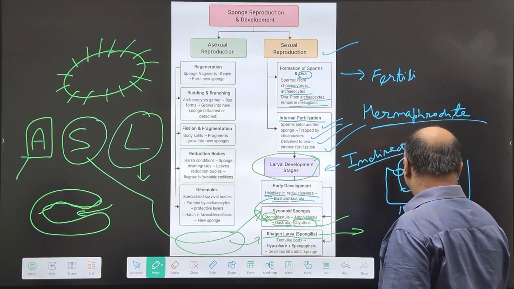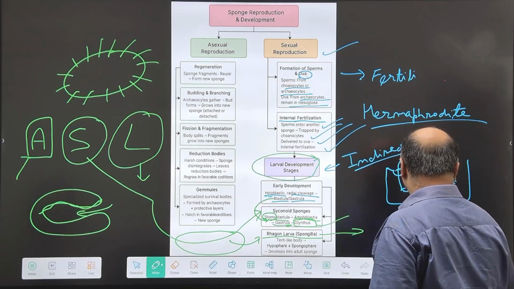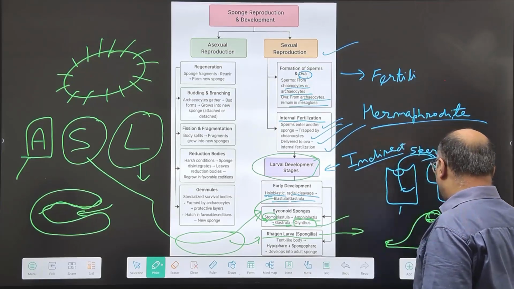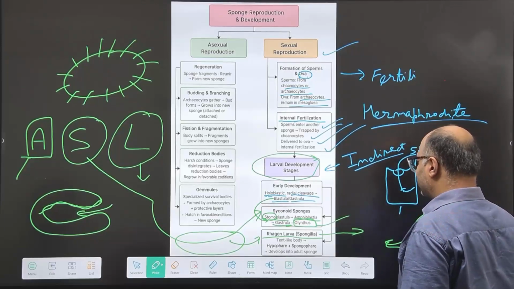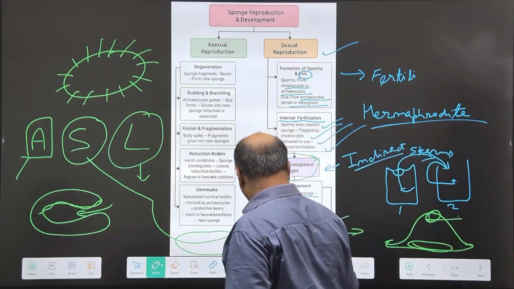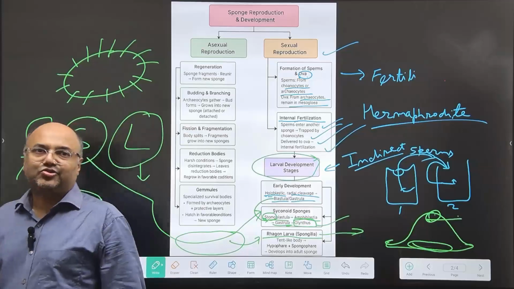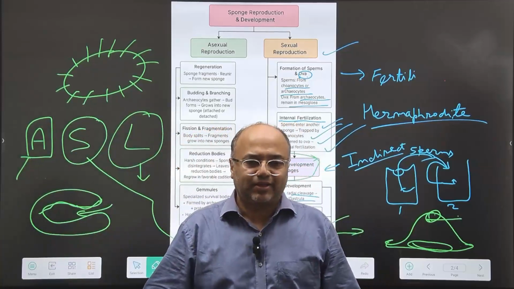The spongophore develops into the osculum. The hypophore is its lower portion, the foot portion of this larva, and then it goes into the Olynthus stage and forms an adult. So that's a very brief overview, but I have shown you how to write the answer.